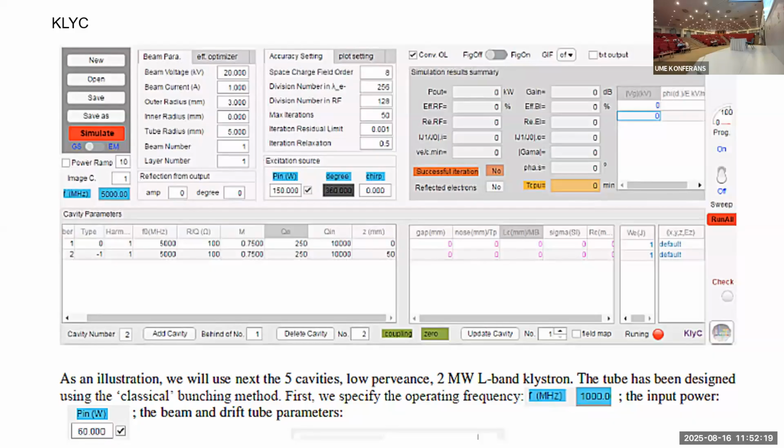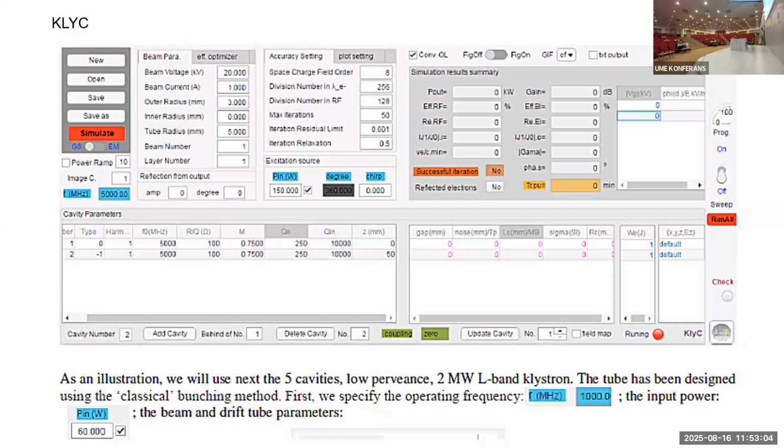Reflection from output, but before that, we have to see reflected electrons, it's no or yes. Successful iteration should be yes, and the reflected electrons must be no after simulation. If it differs, then you have to go back to start again, changing something.